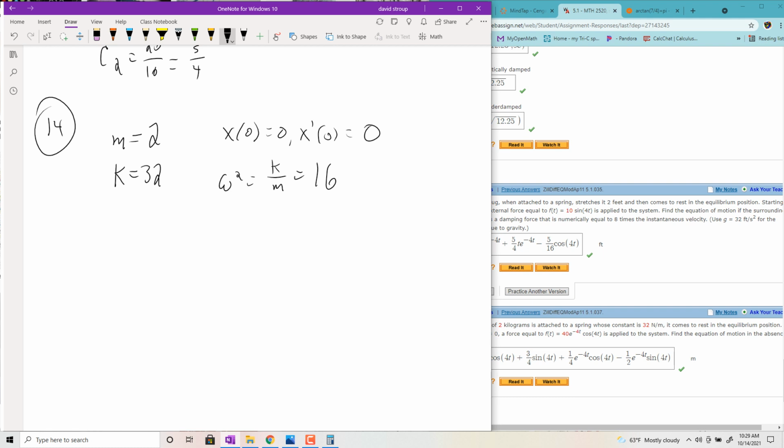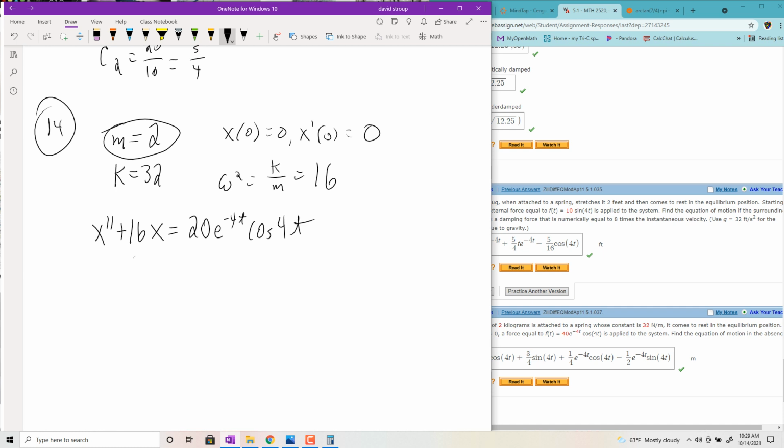So let's get the differential equation first, right? So it's x double prime plus 16 x equals the driving force, which this time is 40 e to negative 4t, but be careful, you gotta divide it by m. So it's really 20 e to negative 4t cosine of 4t.